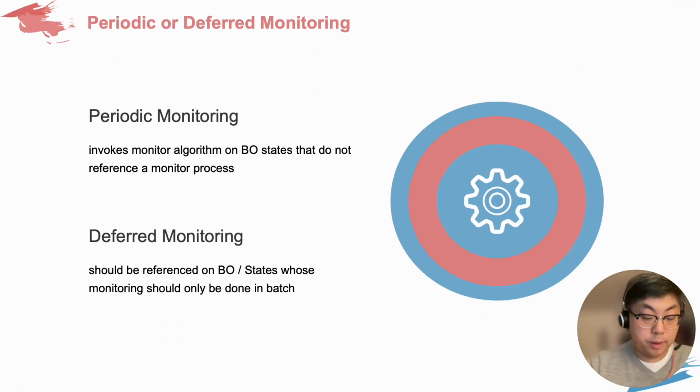Okay, here I want to emphasize one concept. We have two types of monitoring. And you can see this not on the BO, but on the MO, the maintenance object.